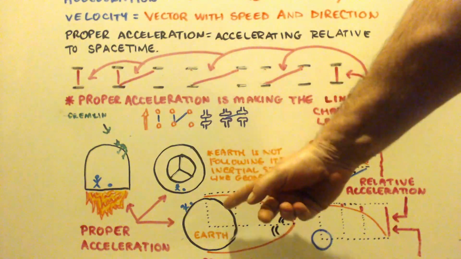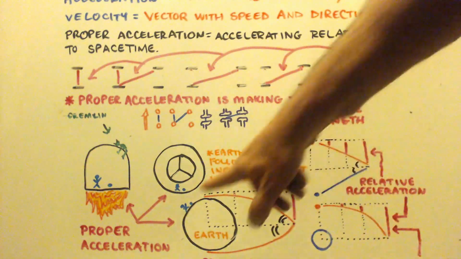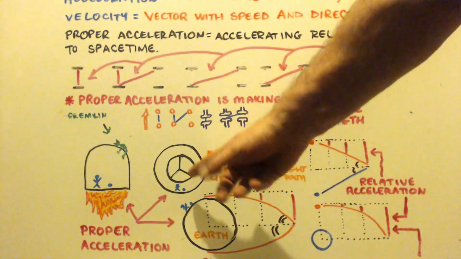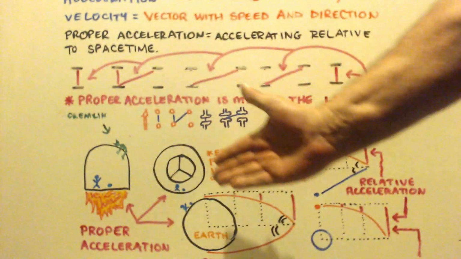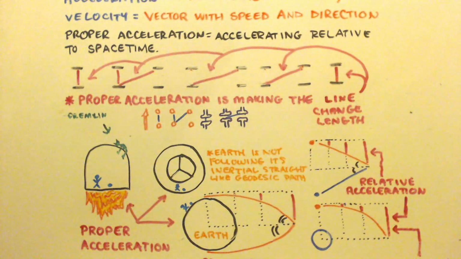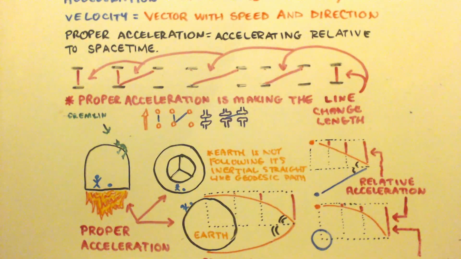Whether you're doing it because the planet won't let you follow the gravity, the space-time, whether it's the ground won't let you, whatever. Whether it's the ground here, the ground here, or the ground here, they're preventing you from going on your inertial straight line path, and the photon goes 186,000 miles per second, relative to space-time.